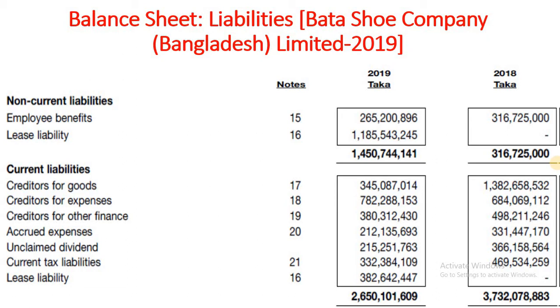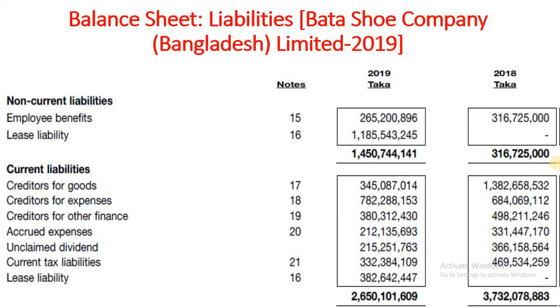These are non-current liabilities and current liabilities. Of course, there are different types of non-current liabilities and current liabilities of Bata Shoe Company Limited.